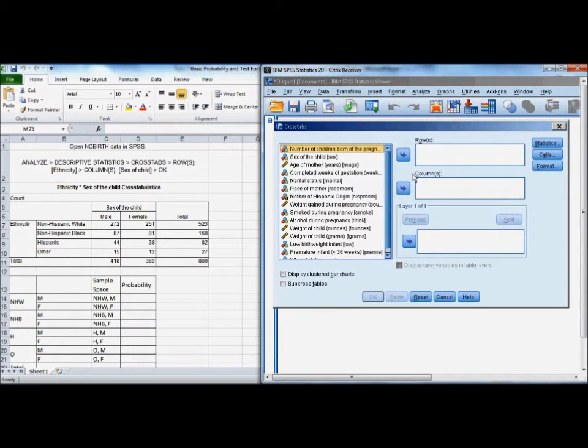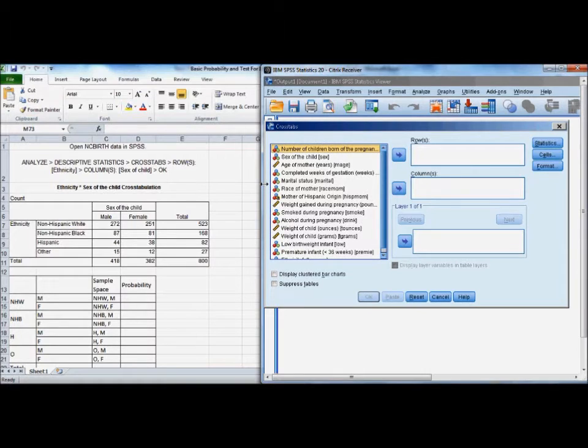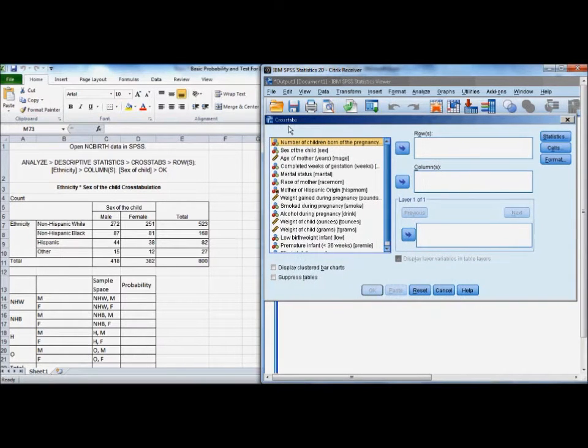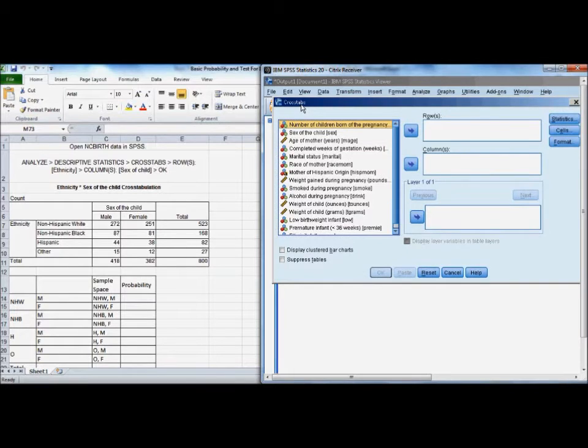So when you're dealing with diseases, for instance, categorical variable, for example, had heart disease, did not have heart disease, and let's say your independent variable you thought was smoking exposure, yes, no. So those are two categorical variables, so I would put smoking exposure in my rows and I would put heart disease in columns.